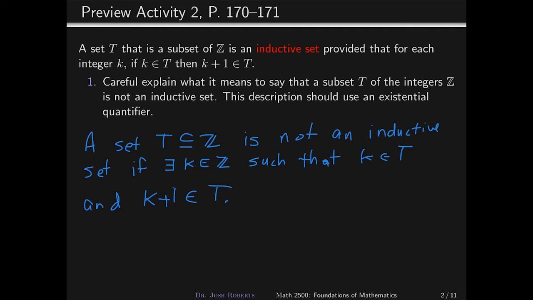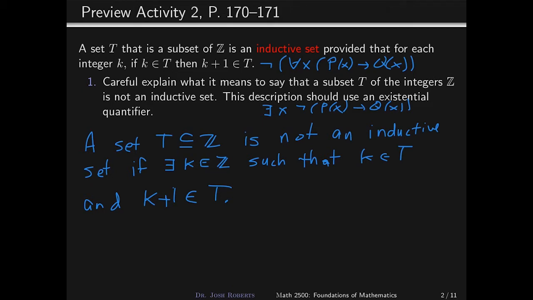So what I want you to remember is the following, that if you are negating something of this form, for all x, p of x implies q of x. How do you negate that? That becomes there exists an x, not p of x implies q of x. Then you have to remember how to negate a conditional statement like that.